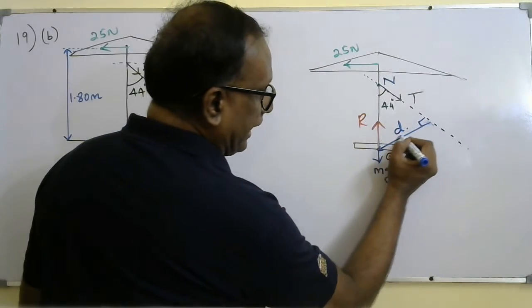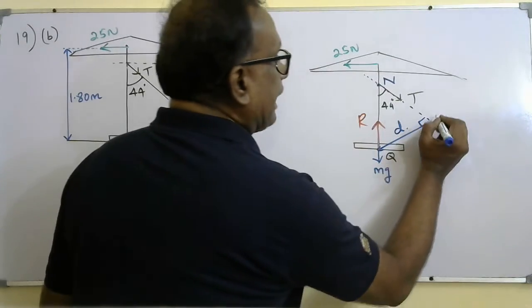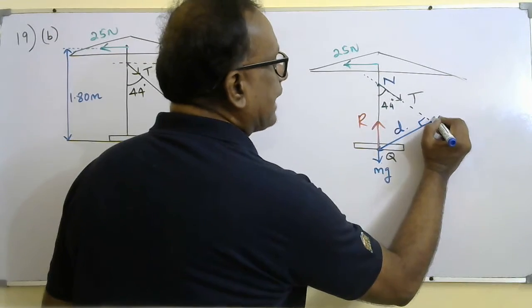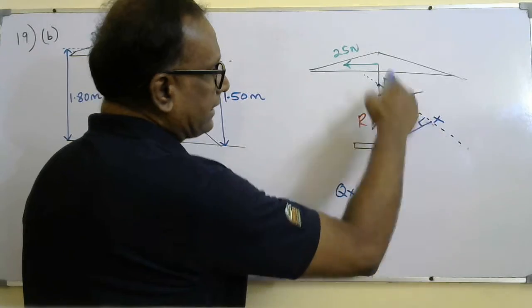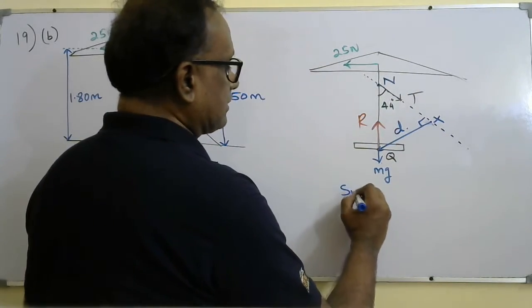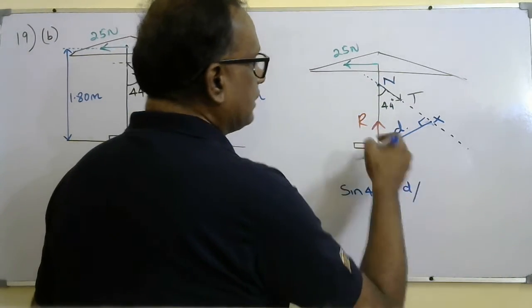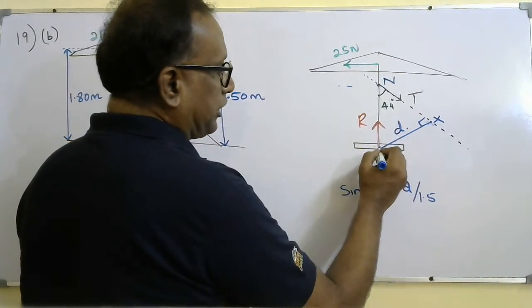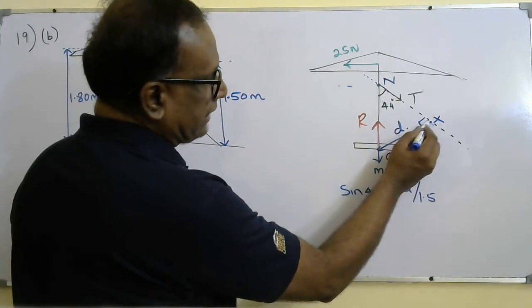This is the perpendicular line drawn to the line of action of the tension. I name this base point as X, so QX I need to find. In this right angle triangle, we can say that sine 44 equals D over 1.5, where 1.5 is this length QN.